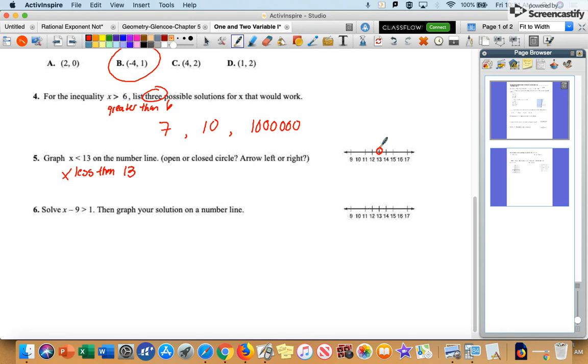If it was also equal to 13, we would fill in our circle. And then all of the solutions for x are less than 13, which means our arrow has to go to the left. All the numbers less than 13 would work.